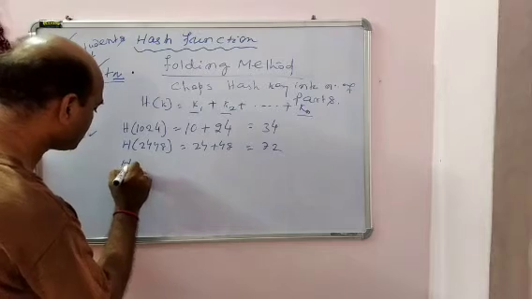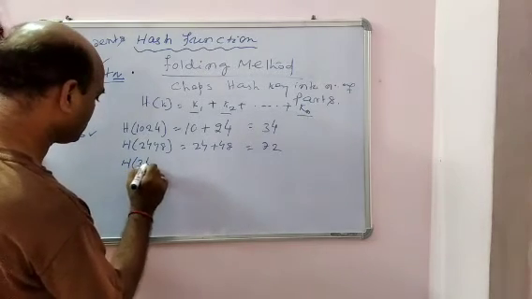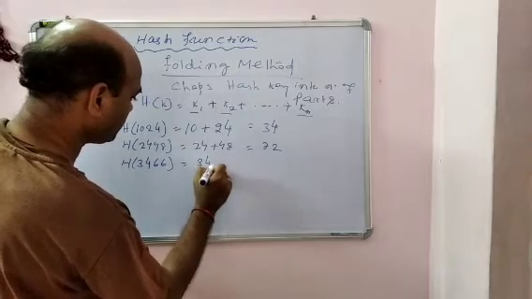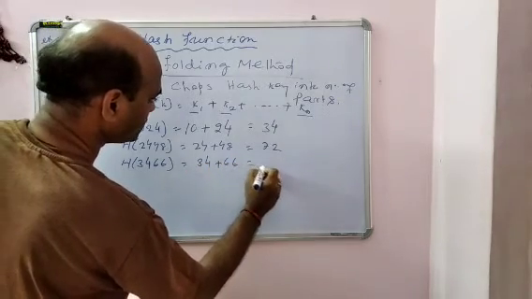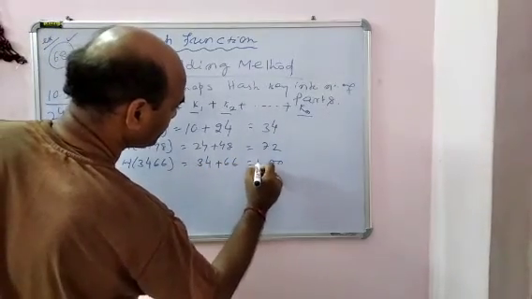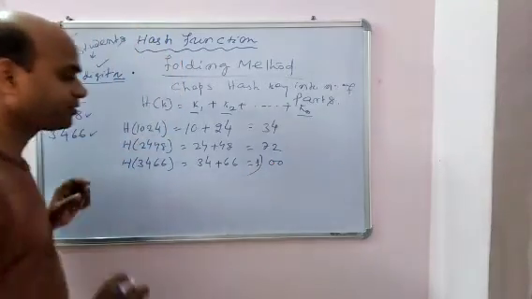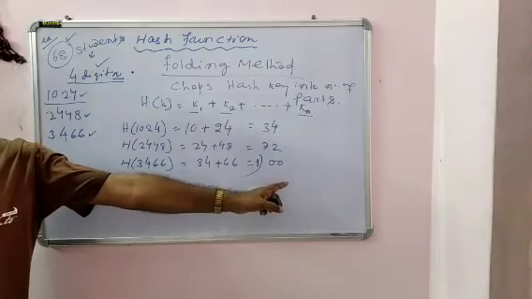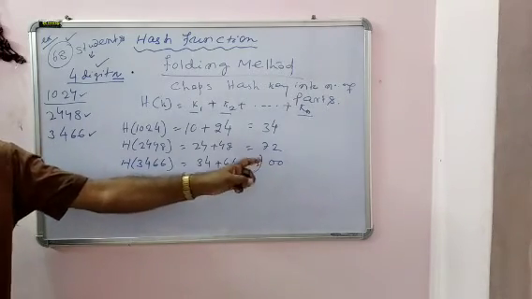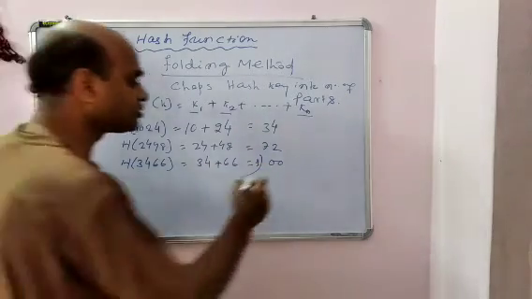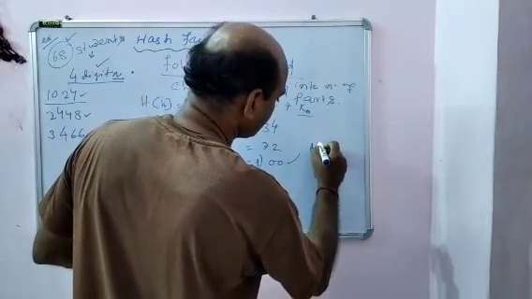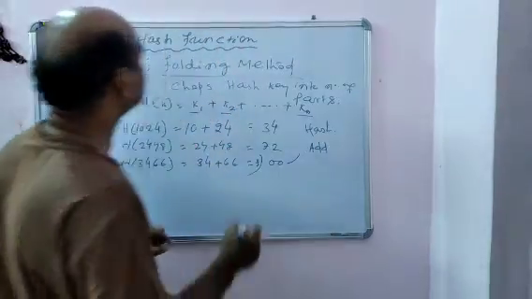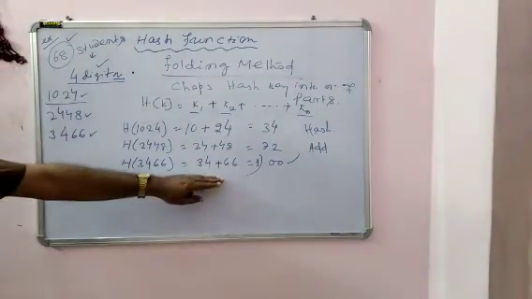Similarly, h of 3466 will be 34 plus 66, which is 100, so the 1 is carried. You can ignore this carry, so this is 00. So 00 is also a hash address in the database.